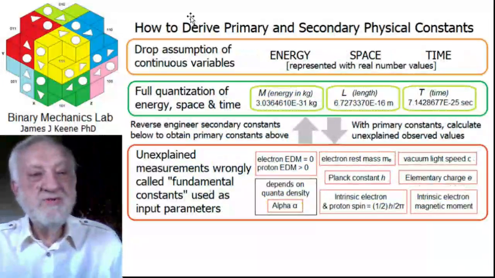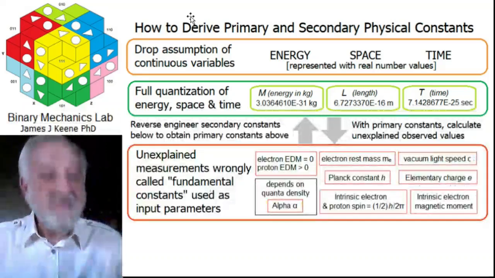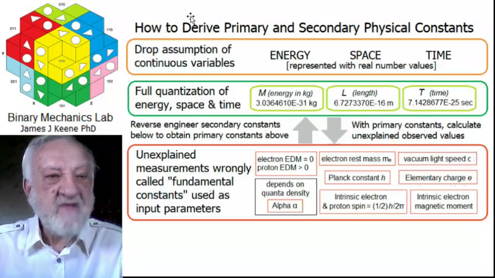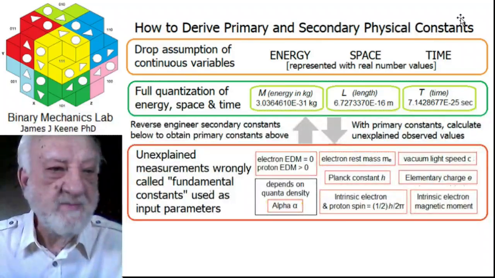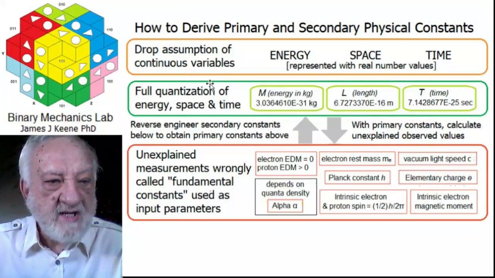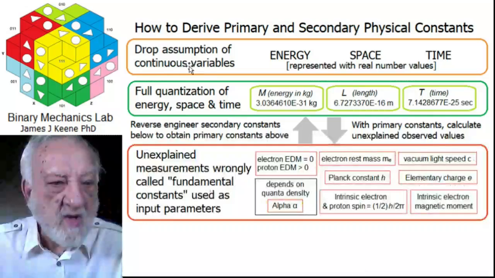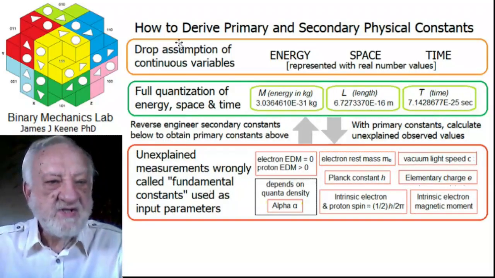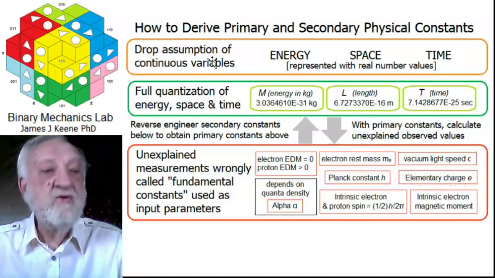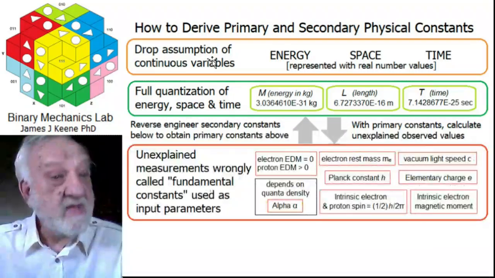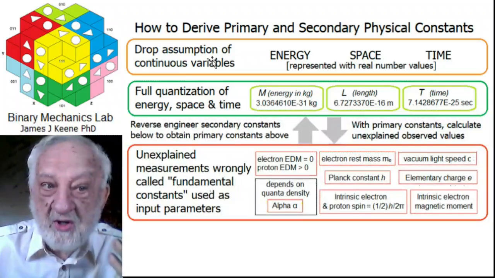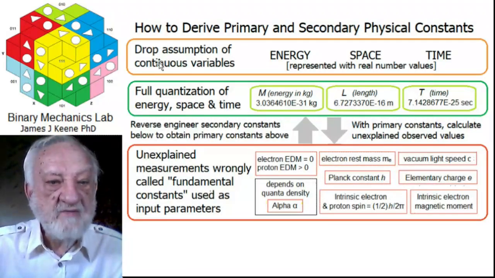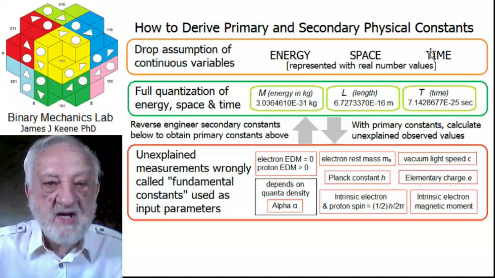We might use an analogy to a video game in our adventure to derive the primary and secondary physical constants. We start the game located here between the orange box and full quantization in the green box. This is our wasteland where for hundreds of years, even millennia, investigators have based their work on the assumption of continuous energy, space, and time.